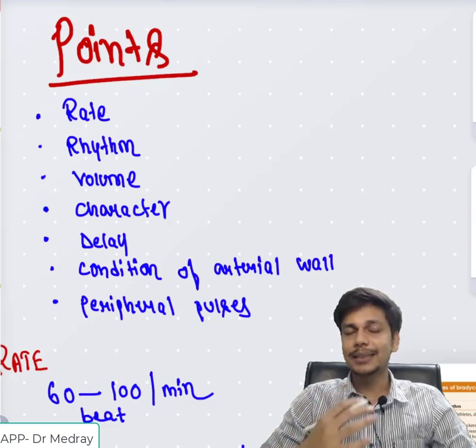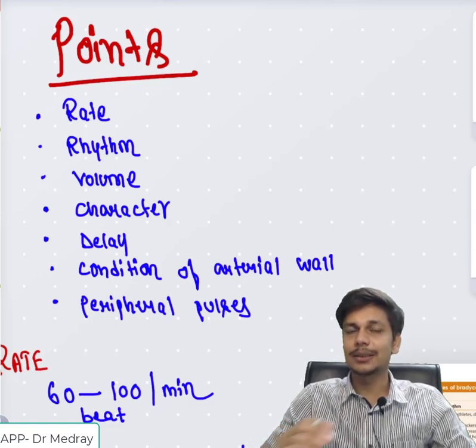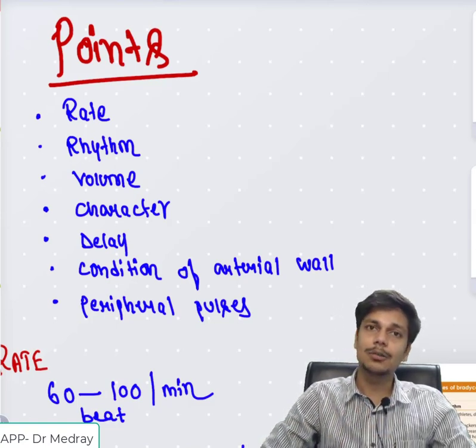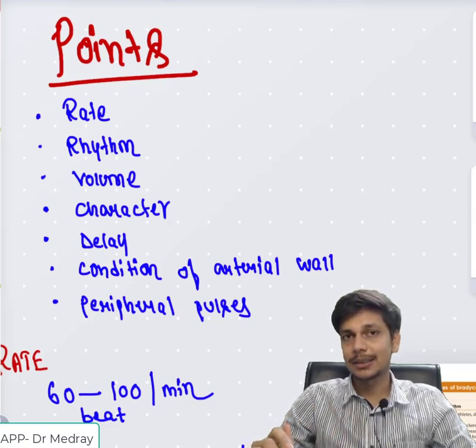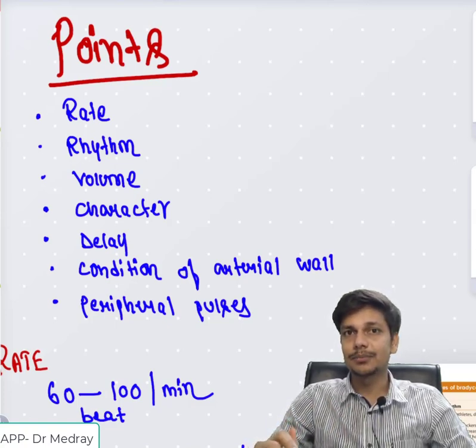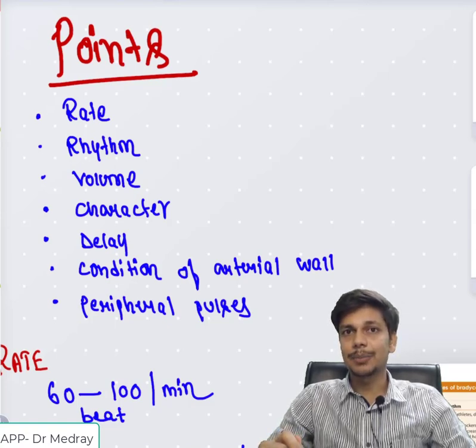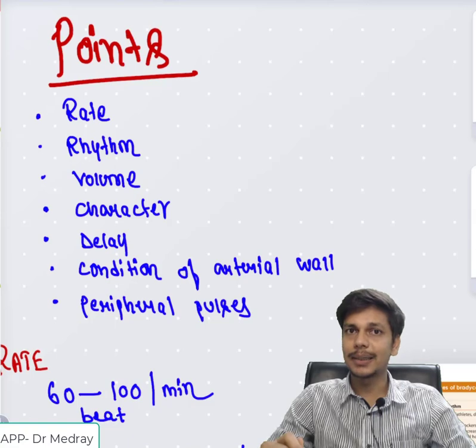In every system, starting from the central nervous system, the respiratory system, the endocrine system, the cardiovascular system, the gastrointestinal system, you can link some pathology with the different characteristics of the pulse. Suppose a patient with hypothyroidism will have bradycardia.